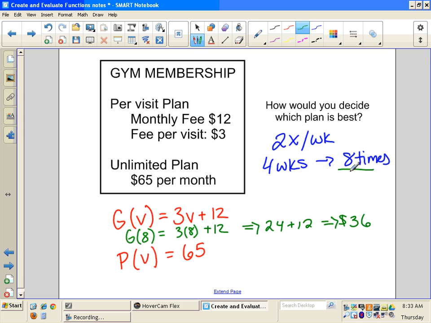So if you're only going to visit 8 times, then the per visit plan is going to be a better deal. If you started to plug in different values, you would reach a point where the $65 ends up being a better option. But this is a way to compare different functions.